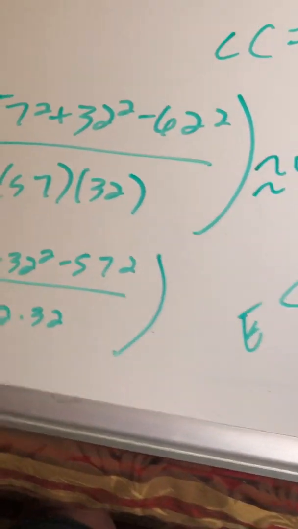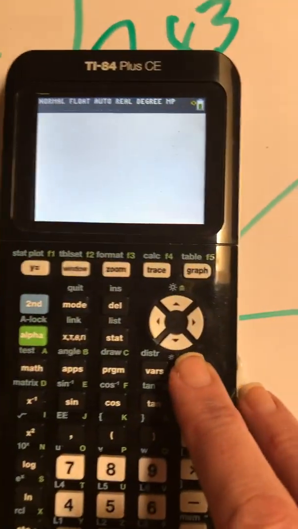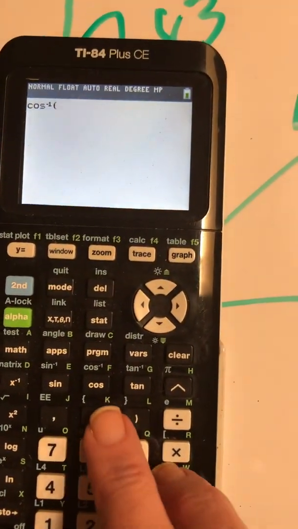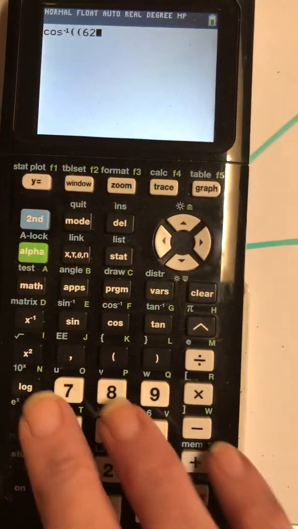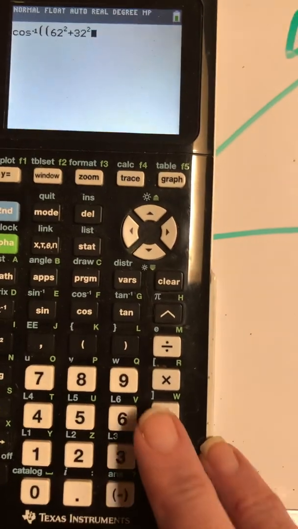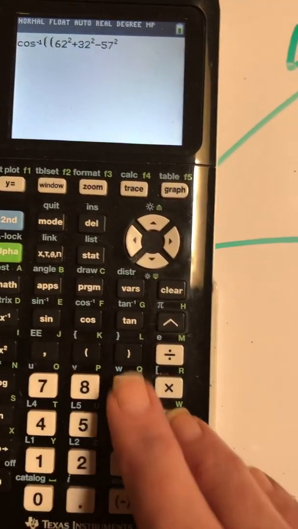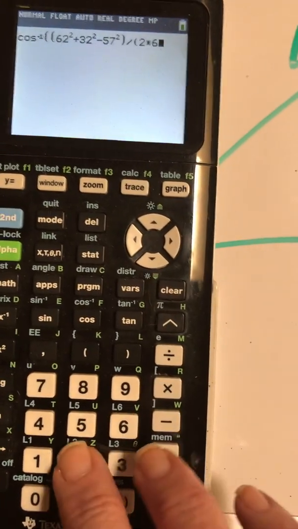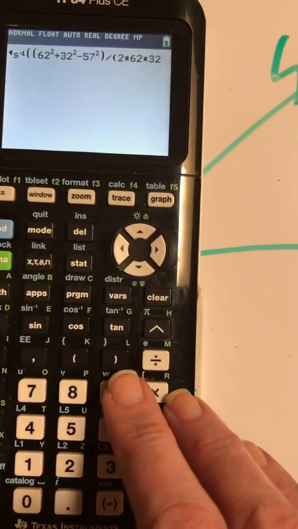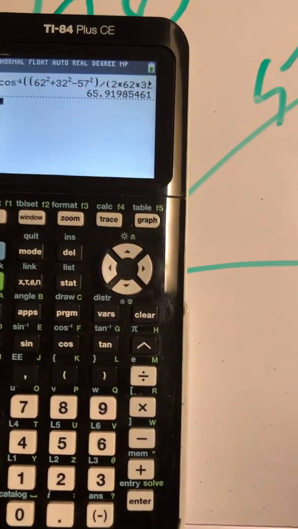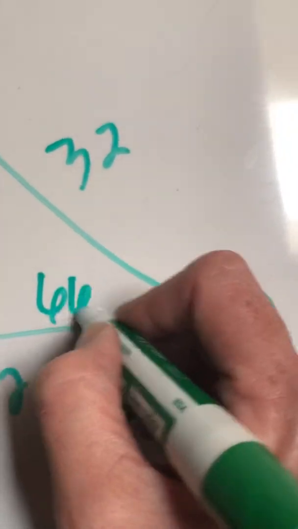So again, grab my calculator, plug it in very carefully. Second cosine, open a set of parentheses, 62 squared plus 32 squared minus 57 squared, close parentheses, divided by parentheses 2 times 62 times 32, close, close. And you get about 66. So D is about 66.